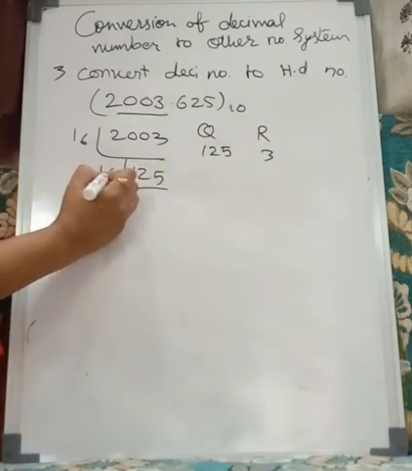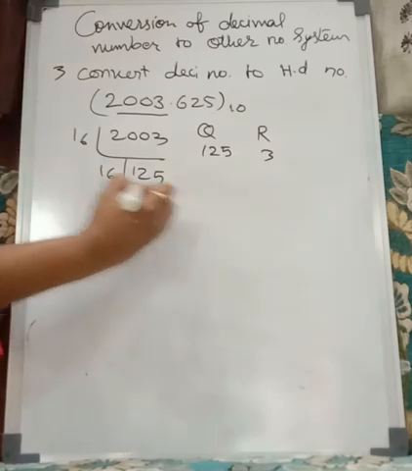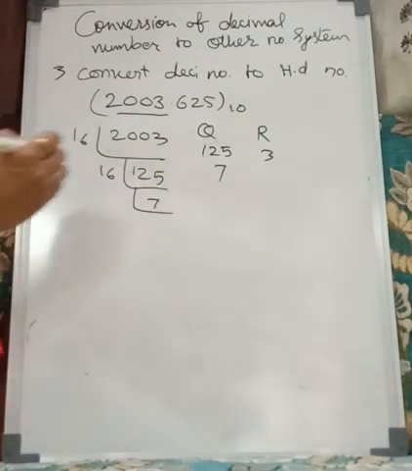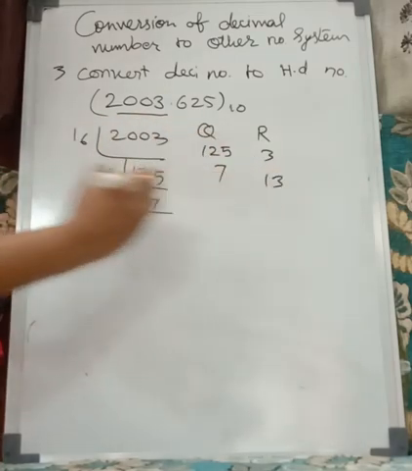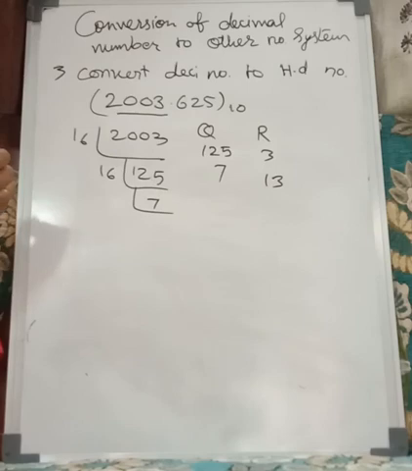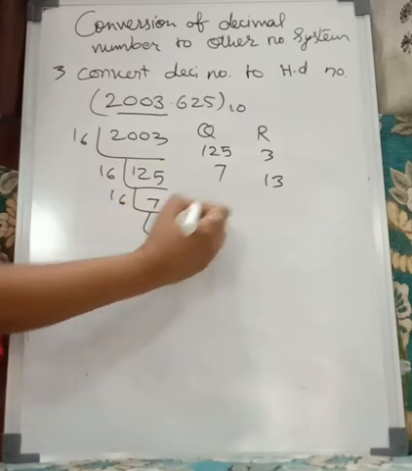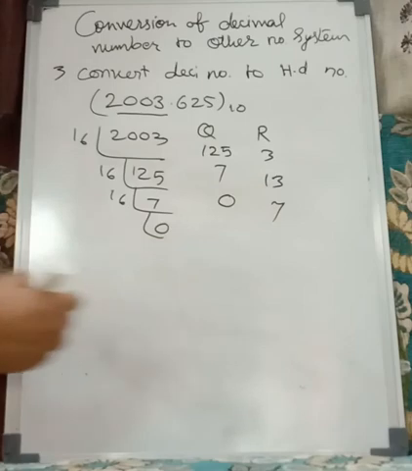Again, when I divide it by 16, I will get the quotient as 7 and the remainder 13. Now again when I divide this 7 by 16, I will get the quotient 0 and the remainder 7.